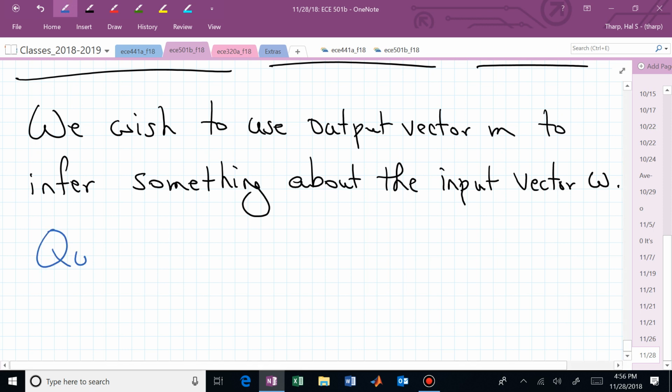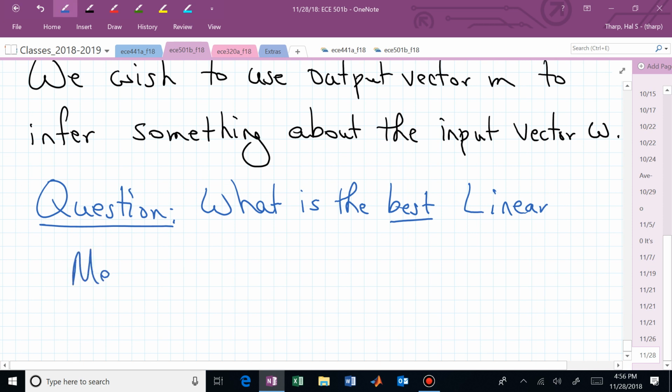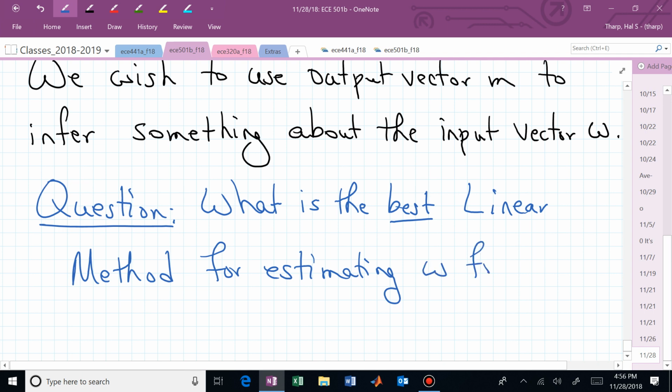Here's our question. What is the best linear method for estimating W from M?